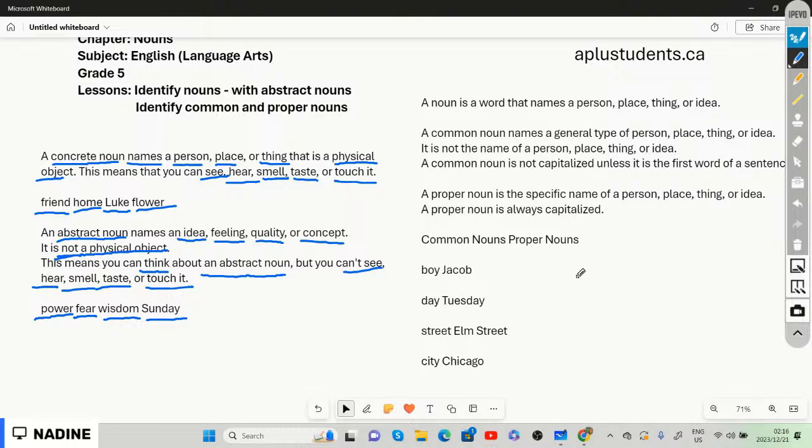And then we have the difference between common nouns and proper nouns.